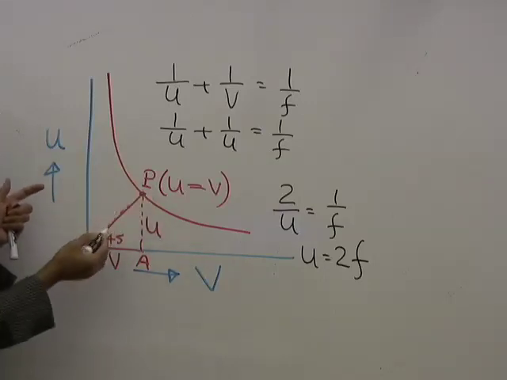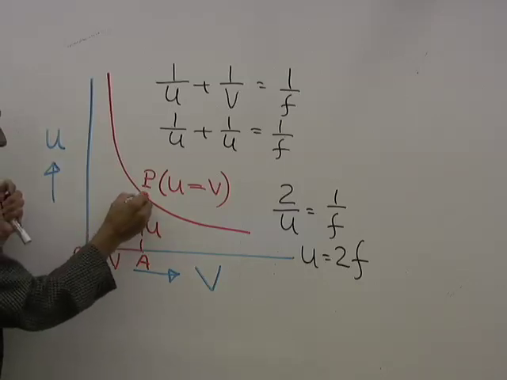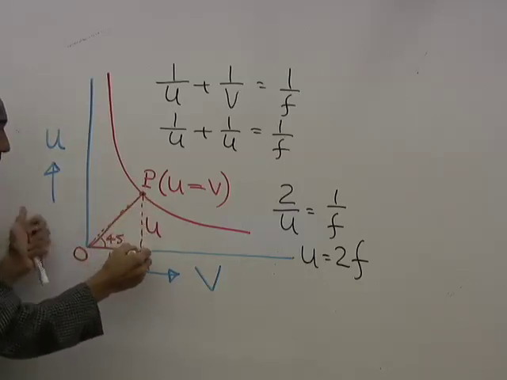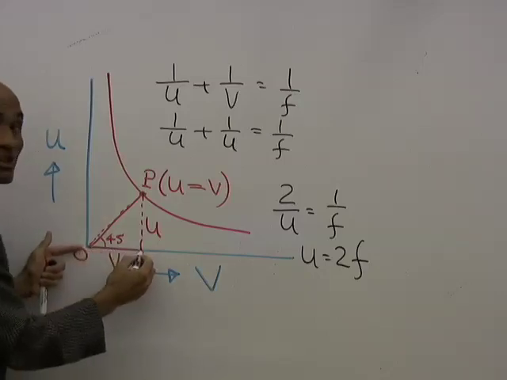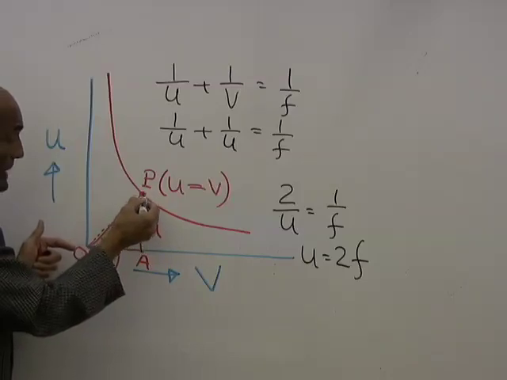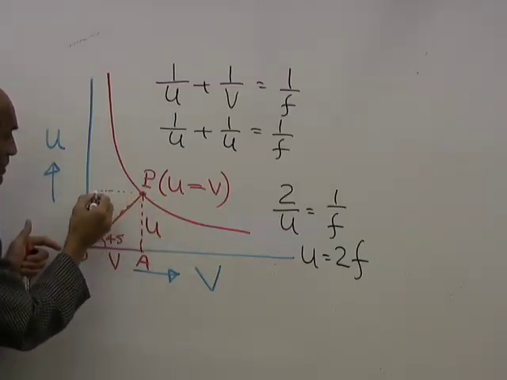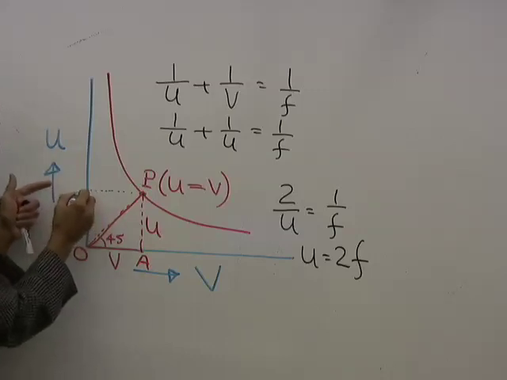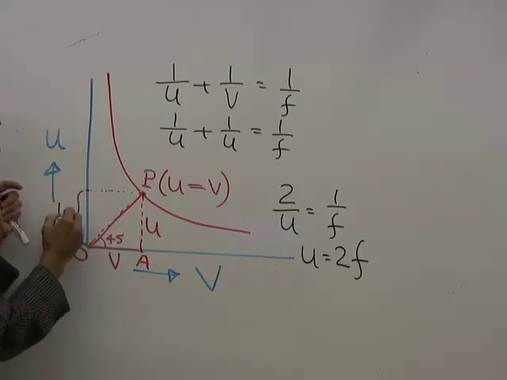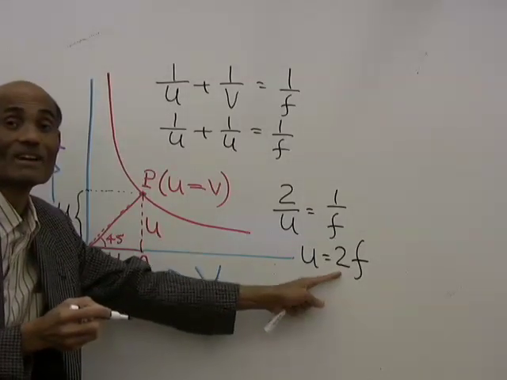Once you locate the point P by drawing a 45 degree line with the x-axis, if you now draw a perpendicular down and measure that distance OA, or measure that distance PA, well, that P corresponds to this point. And this value of U will be 2 times the focal length.